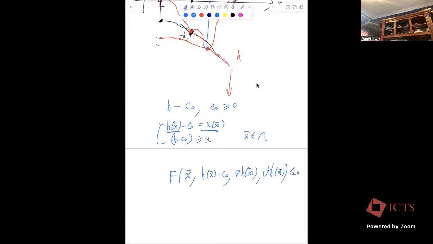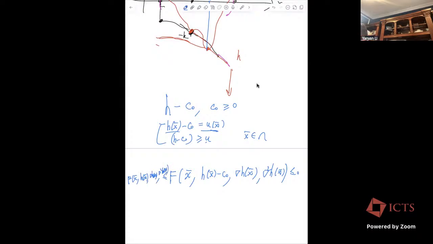Okay, this is by the viscosity solution, meaning H minus C0 touches U from below, then by U satisfying this in viscosity sense, the comparison function H minus C0 evaluated there should be less or equal to 0. So now this is actually greater or equal than F of X bar, H of X bar, gradient H X bar, Hessian H X bar.